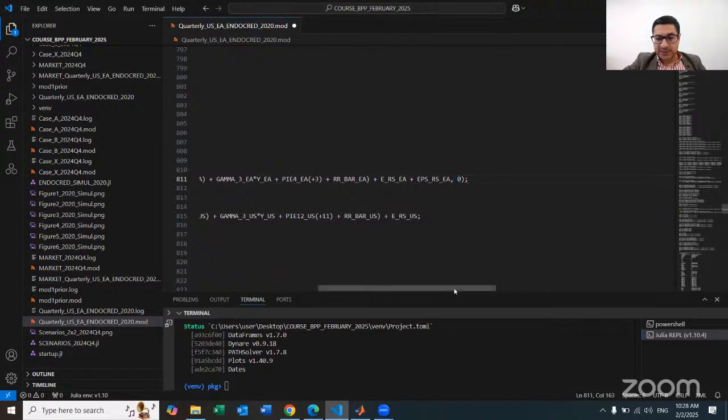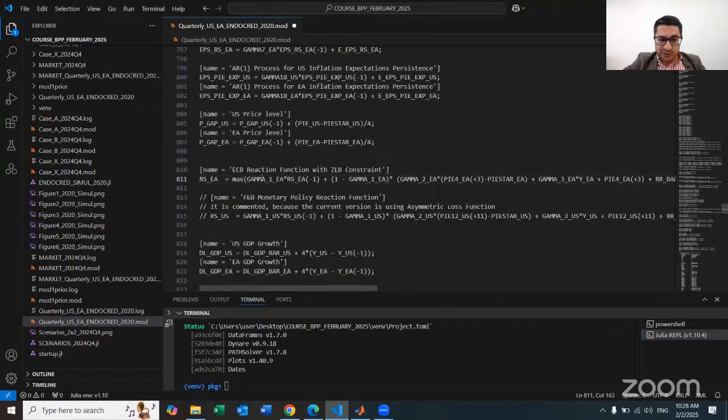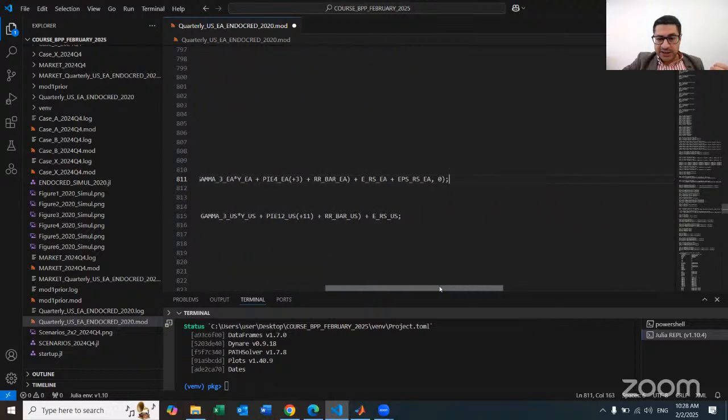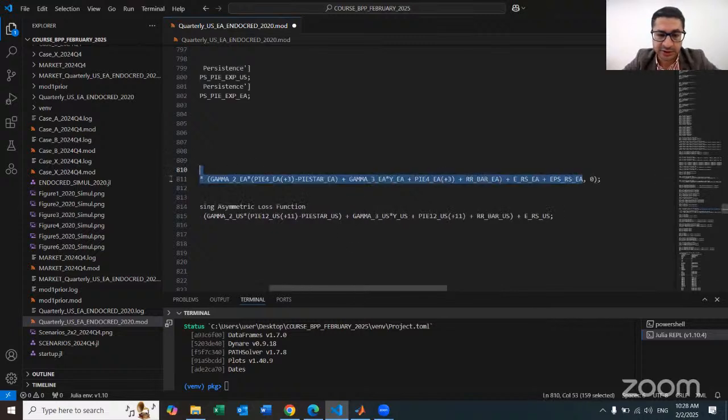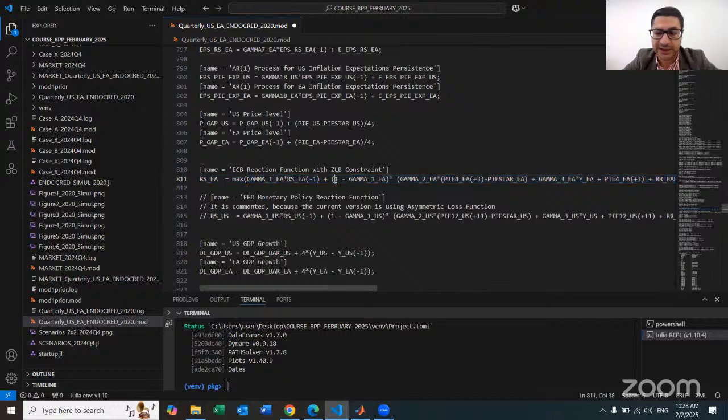What it says is that the value of the interest rate is the maximum between, for example, zero or some value which you can get by the reaction function.